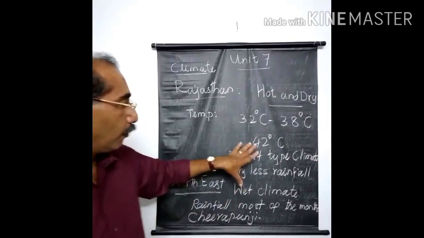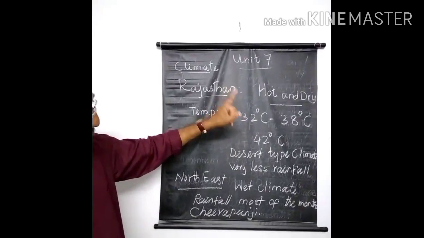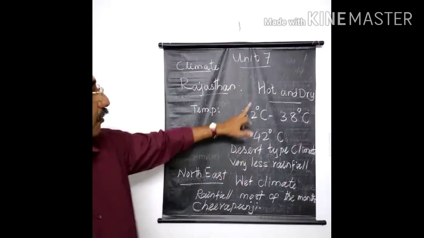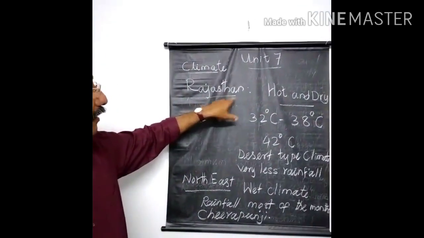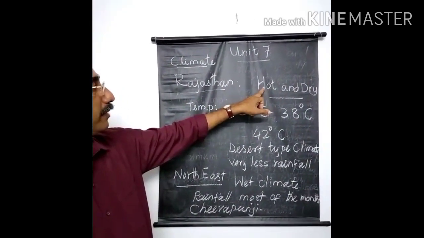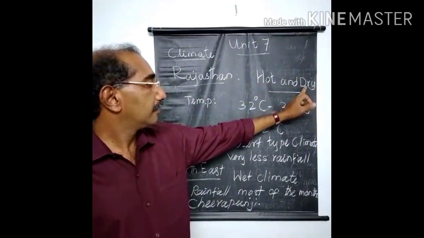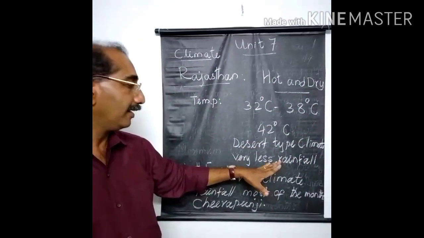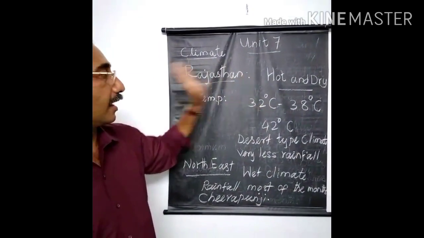That means where in a place temperature is very high and practically no rainfall, such climate is called hot and dry climate. Hot means temperature is very high, and dry means practically no rainfall at all, or very little rainfall. This type of climate is prevailing in Rajasthan.